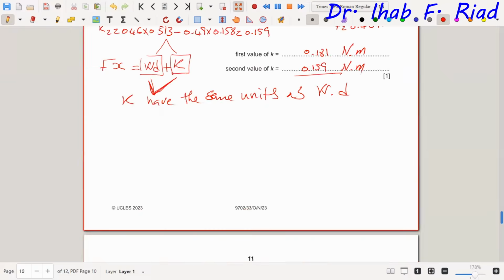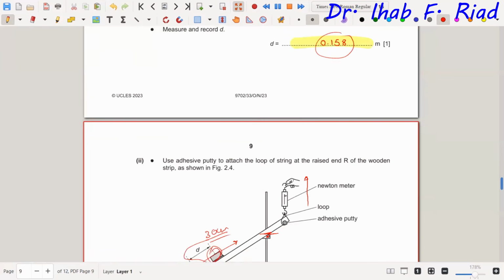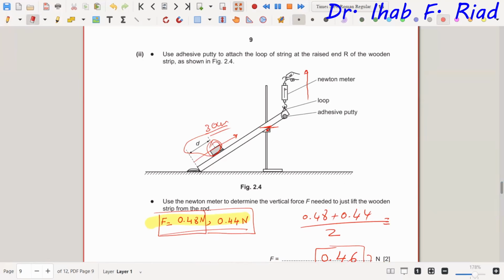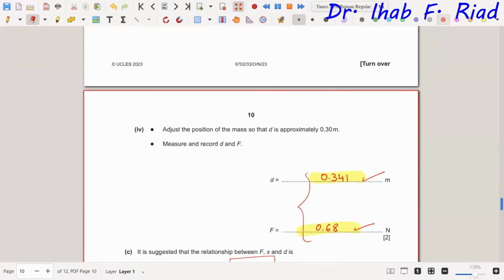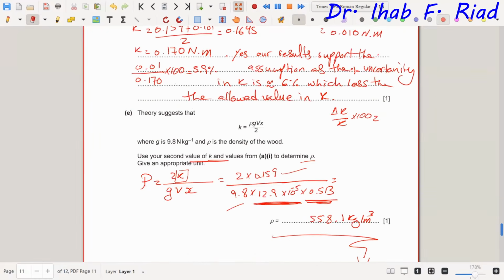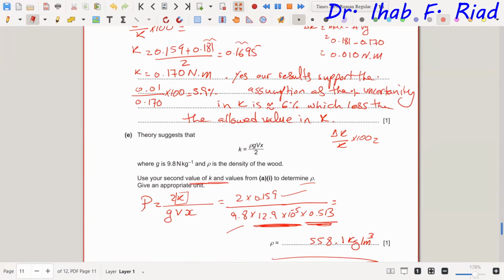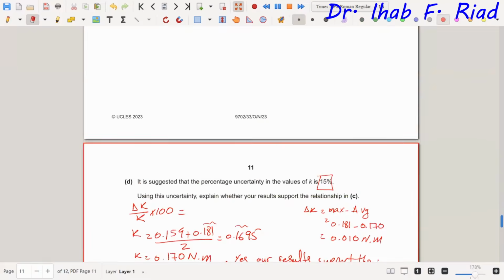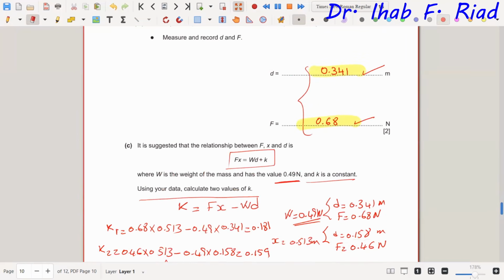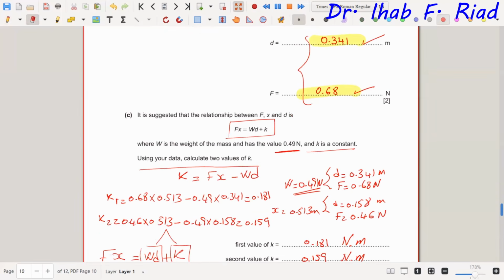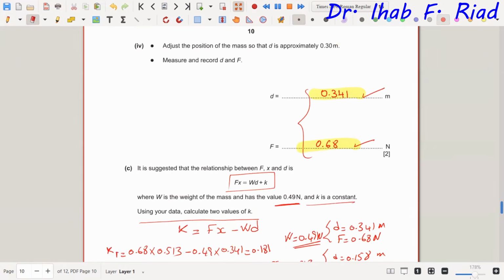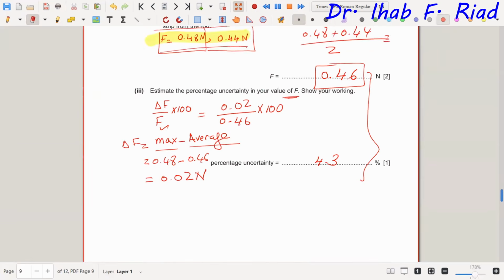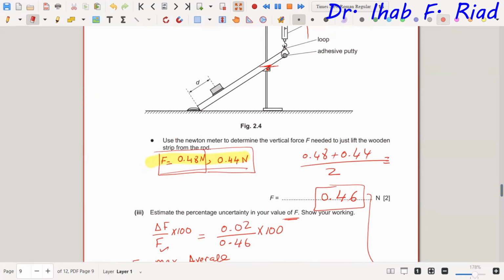Another difficulty can be the difficulty of measuring accurately the distance d. In the above experiment, there is a thing that prevents the wood from falling down.